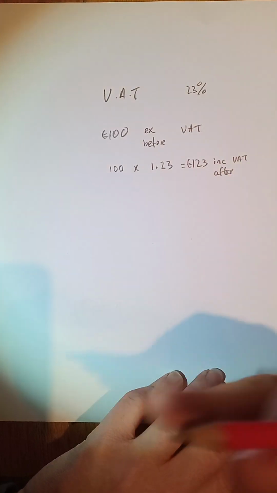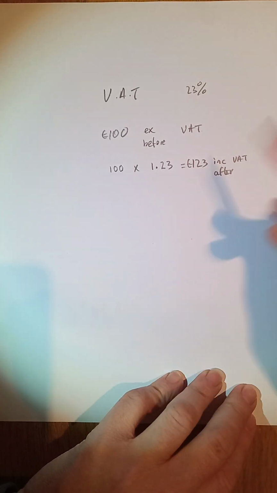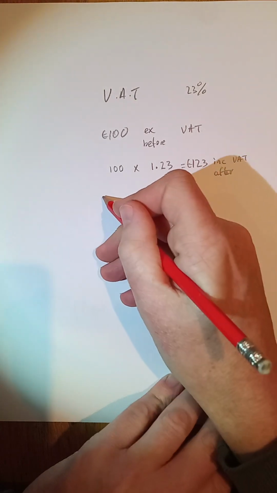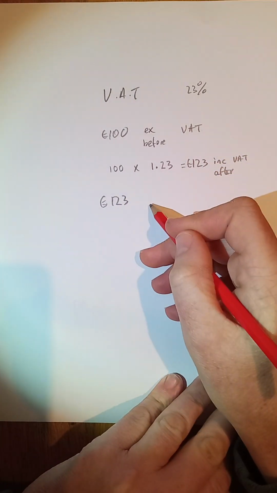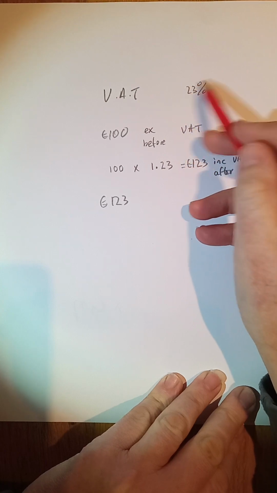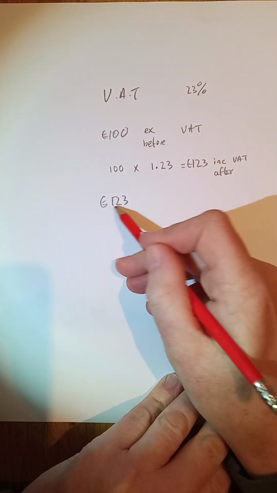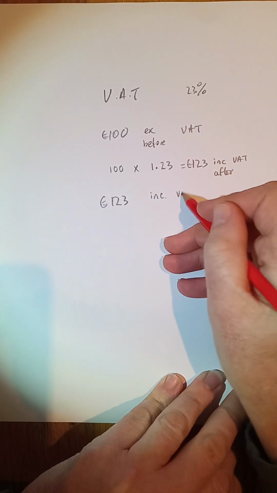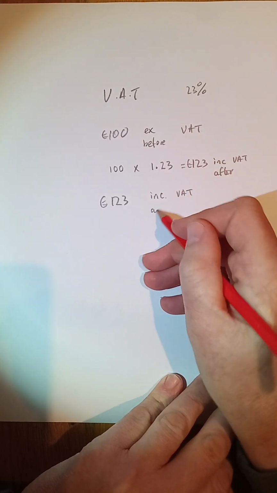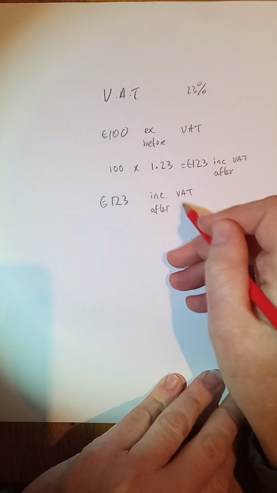Okay, the second type of question is the reverse. What happens if you're given a number that includes the VAT? For example, let's say we're dealing with a 23% VAT rate. We're told that this amount includes VAT, okay, or it's after the VAT has been added.